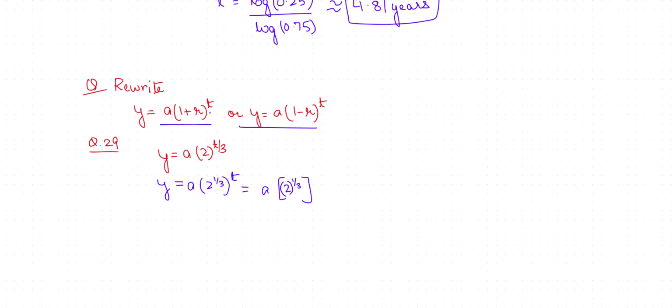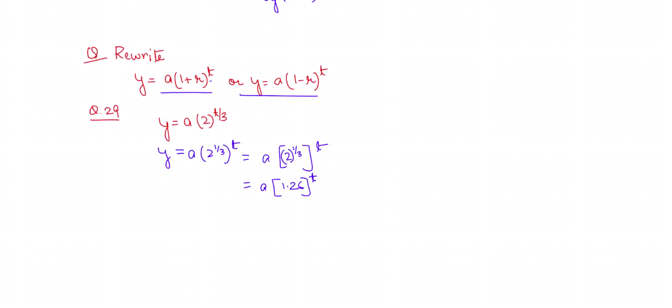So if we see 2 raised to power 1 by 3, it is 1.26, raised to power t. Now we know 1.26 is greater than 1. So we can write 1 plus r, so we can write 1 plus 0.26.